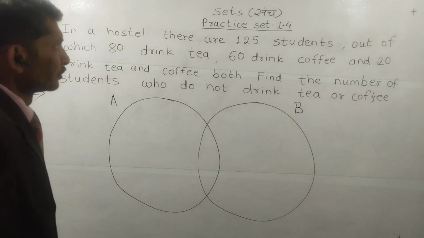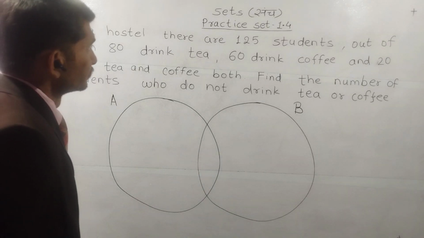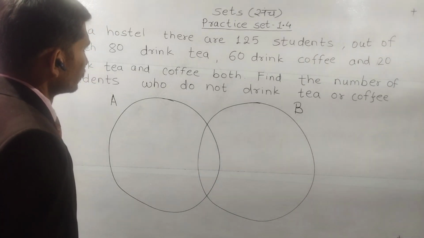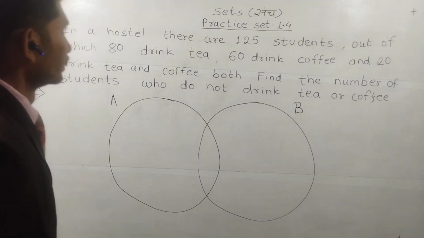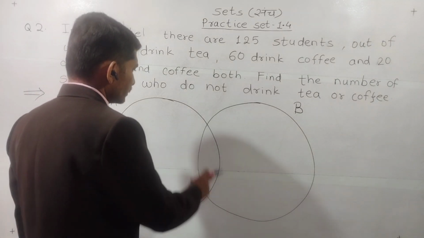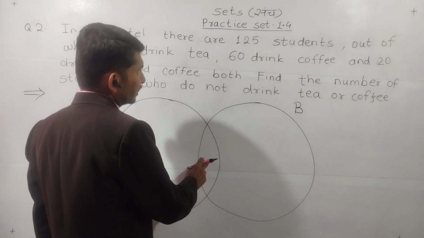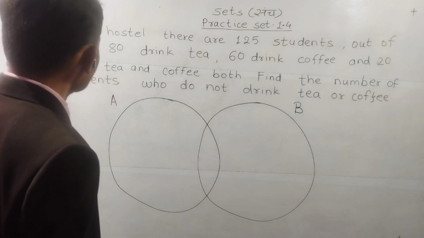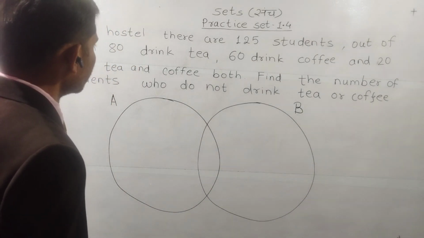So, we have to calculate how many students do not drink tea or coffee. Okay, so the students who are drinking tea as well as coffee are 20, means that the intersection of A and B contains 20 students. Okay, so we will suppose that 80 students drink tea. Okay, 80.